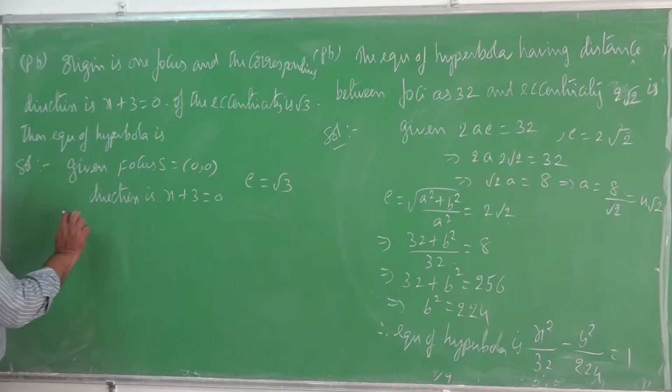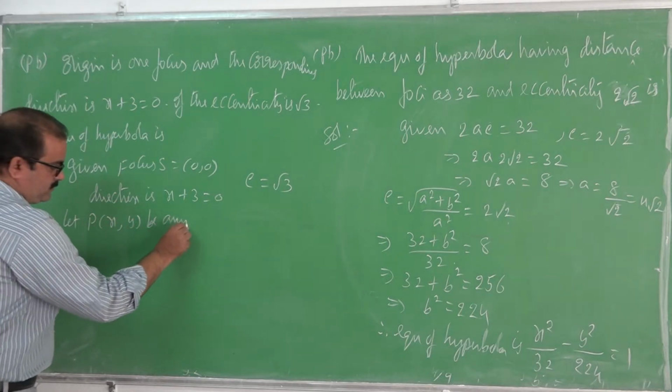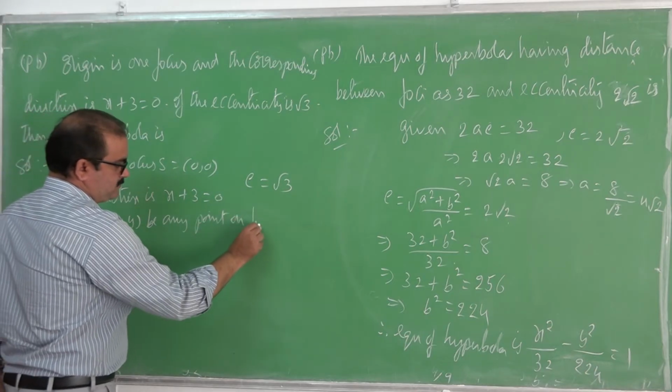We know that for any conic, we let P(x, y) be any point on that conic. Be any point on the hyperbola.